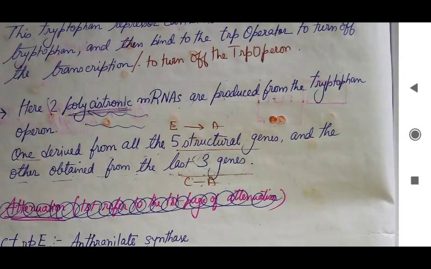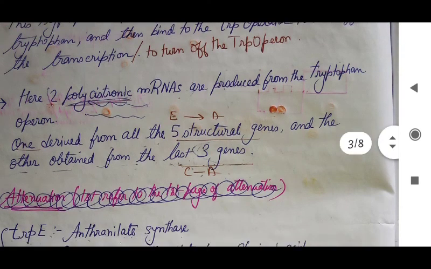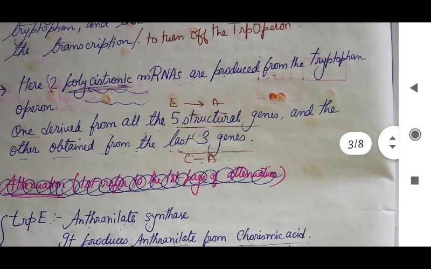So here we can see what is written. Two polycistronic mRNAs are produced from the tryptophan operon. One polycistronic mRNA is derived from all the 5 structural genes, from TRPE to TRPA, and another polycistronic mRNA is obtained from the last 3 genes, from TRPC to TRPA.